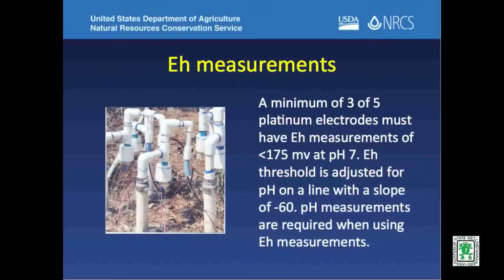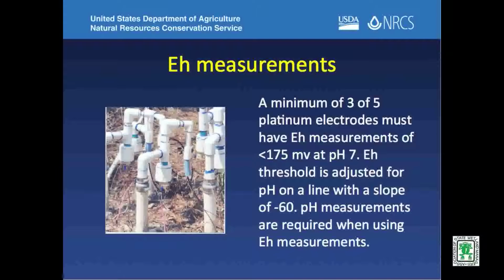Okay, the second method of proving that you have anaerobic conditions is to do direct measurements of EH. In this case, you need platinum electrodes and a reference electrode, and you once again need 5 electrodes per site. The electrodes you can make or you can purchase commercially.